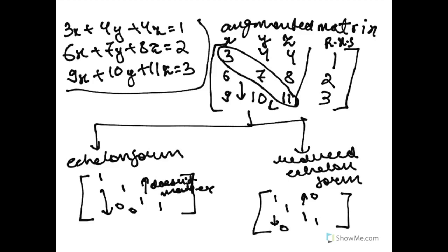So for example, if you have a matrix that looks like this, this is not in reduced echelon form, because the pivot position here should have been 1, and it's just below this diagonal.